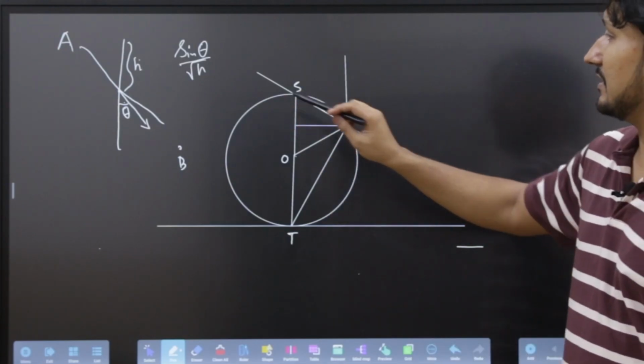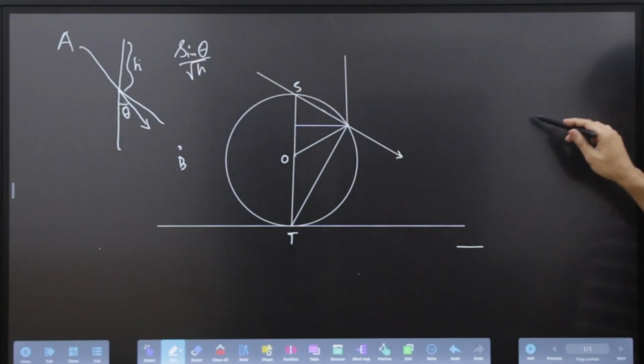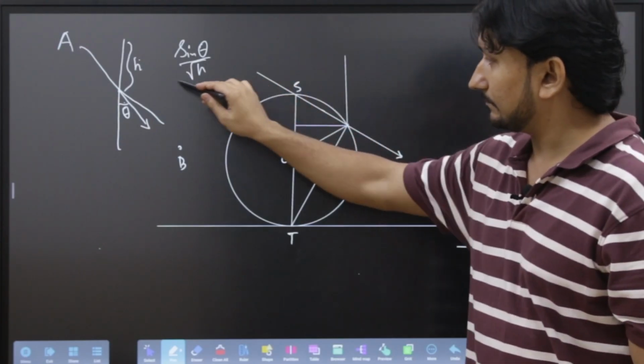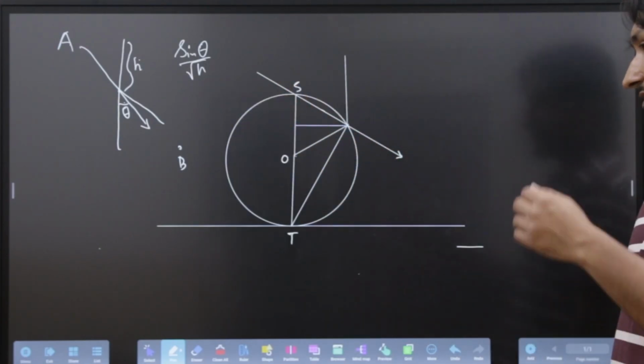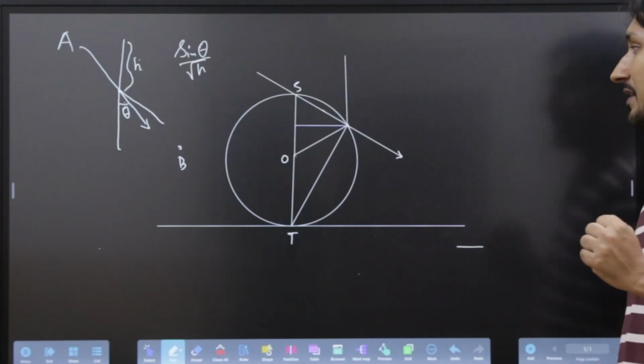You can probably imagine it's going to be a path something like this. Okay. This curve is also called a Tautochrone. We will discuss that later.